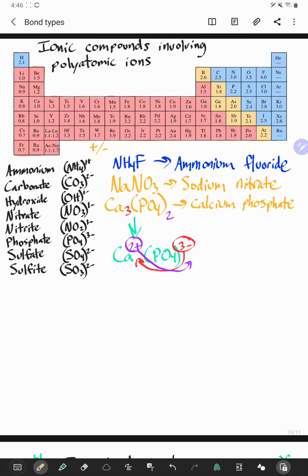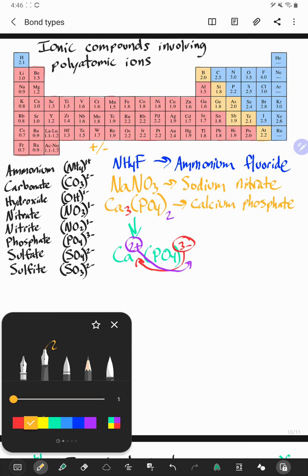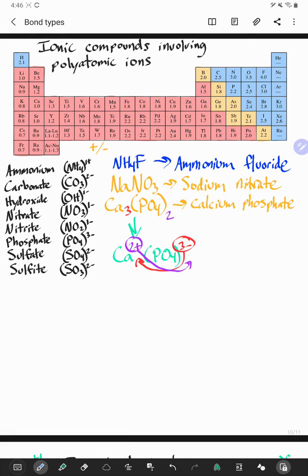All right, we'll try one more example. This time I'm going to give you the compound's name, and then you're going to pause the video and try to figure out the compound. Let's try potassium sulfate.